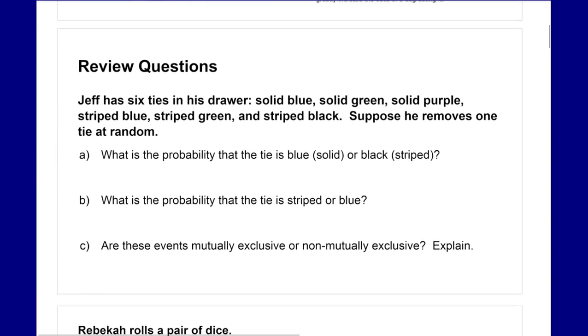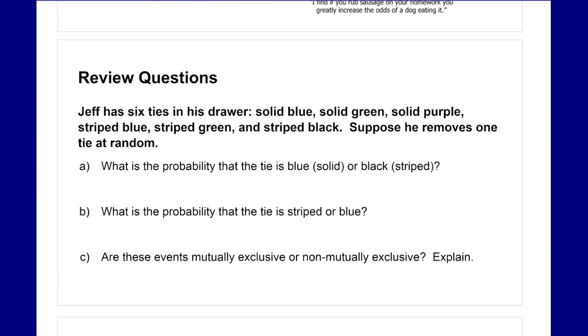So let's take a look at a little bit of review first. Jeff has 6 ties in his drawer: solid blue, solid green, solid purple, striped blue, striped green, and striped black. Suppose he removes one tie at random. A: What is the probability that the tie is blue, solid, or black, striped?